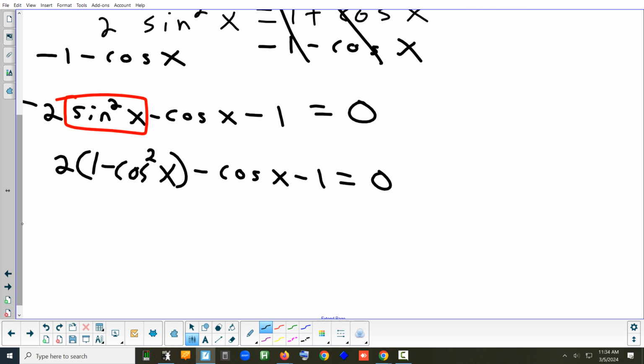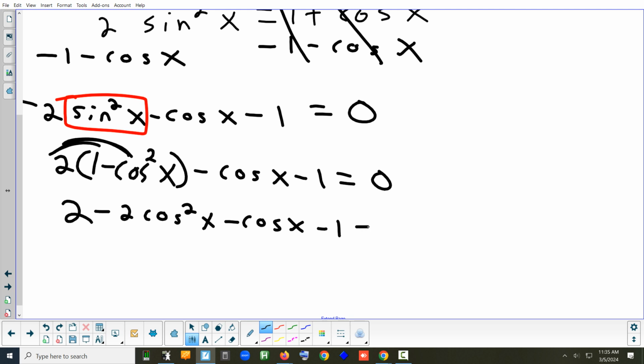And then what's the next property we need to use? Yep. We need to use distributive. Okay. 2 times 1 gives me 2. And then 2 times negative cosine squared. Negative 2 cosine squared. Everything else stays the same. Now, when I do this step, I usually combine the constant I get from distributing with the constant at the end.